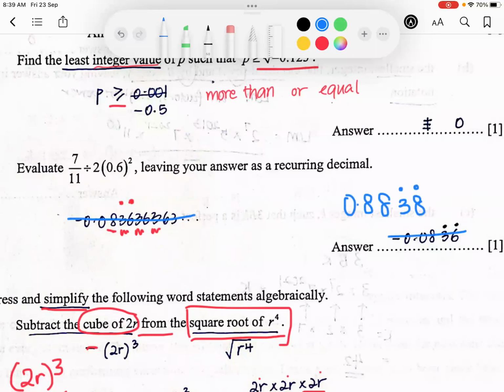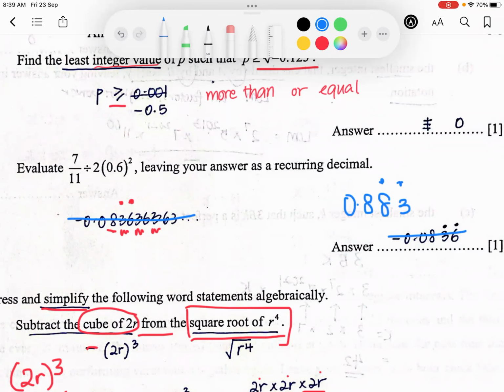8 with a dot. So is this the correct version of the answer? Can y'all check? I thought 883 is the one that is recurring. The second 8 and the third 3. 0.8838383. Wait, let me key in again.